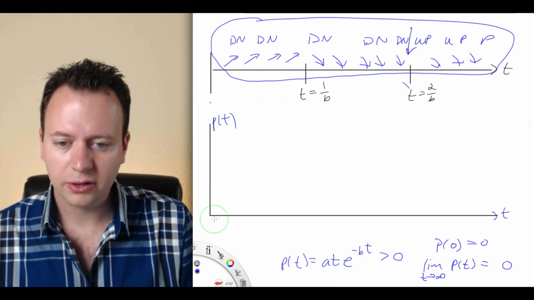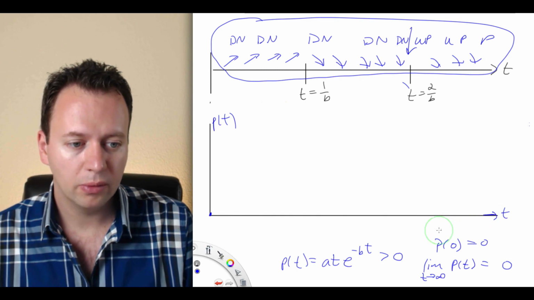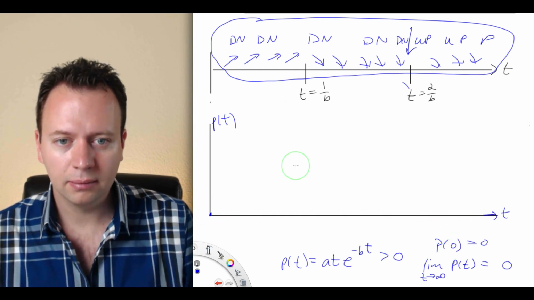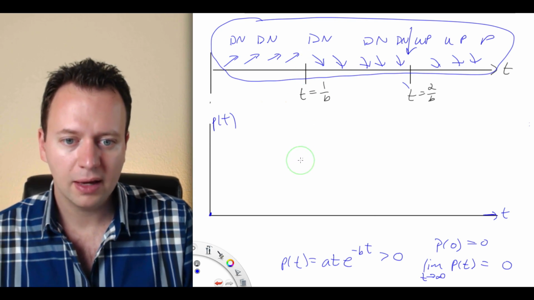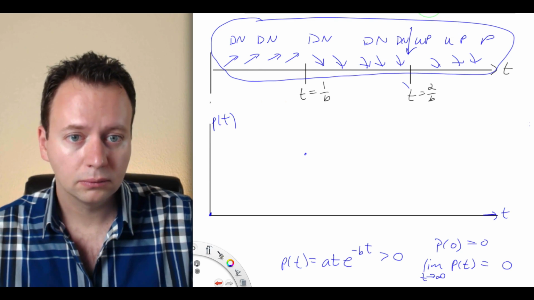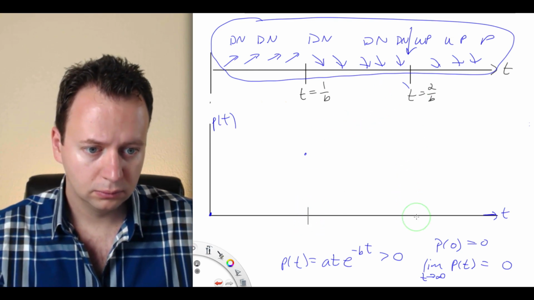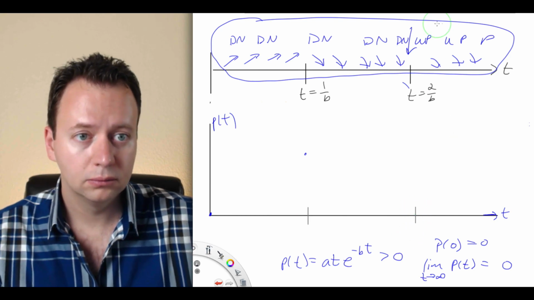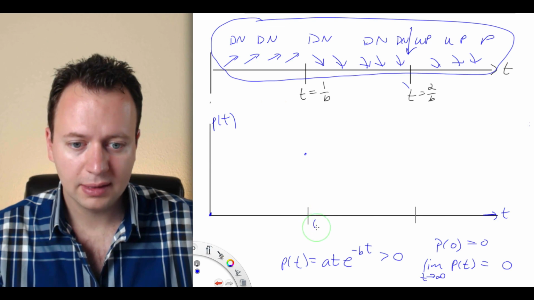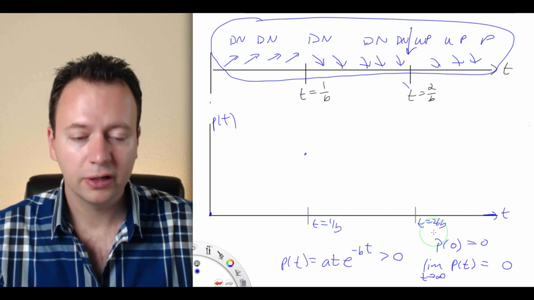So it's a function that starts at 0. It has a horizontal asymptote at y is equal to 0. And it starts off increasing. It reaches a peak right here, when t is equal to 1 over b, and then it has a change in concavity at 2 over b.